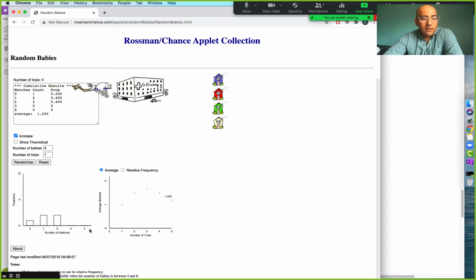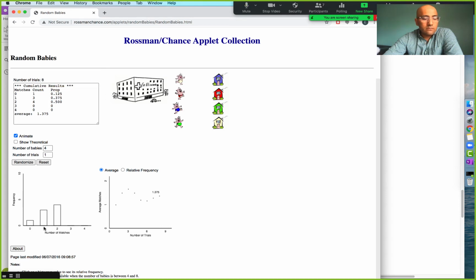Let's see if we can get a 3 and a 4 in there. Here's another case where there was only 1 correct match. I'm going to go until we get a 3 and a 4. Nope, that's going to be 2 correct matches. Okay, 2 correct matches. So we're starting to get a sense of what typically happens when this mistake occurs.